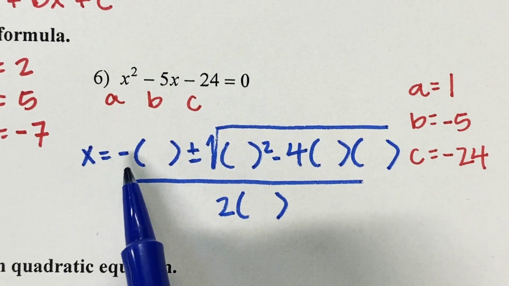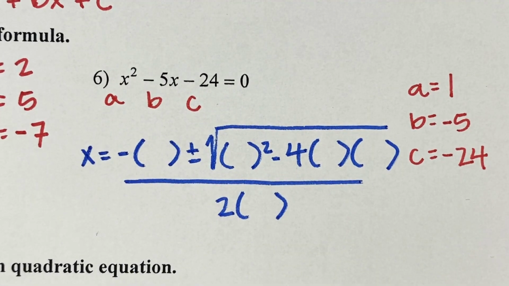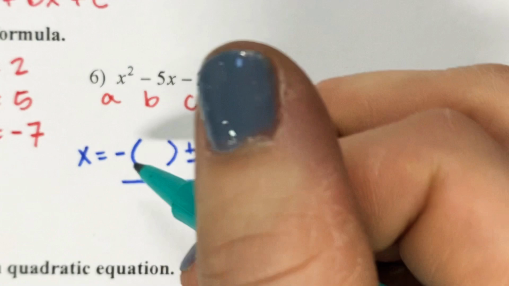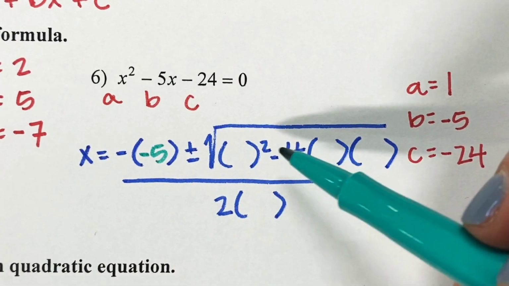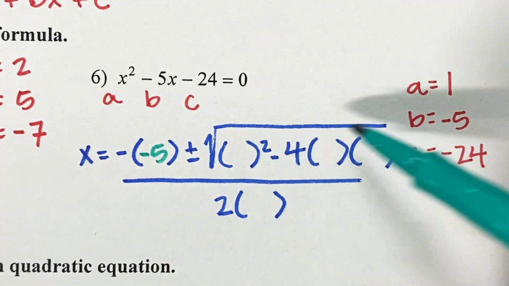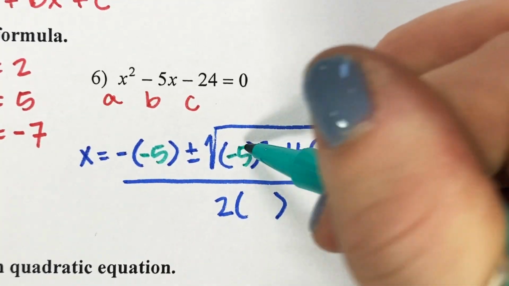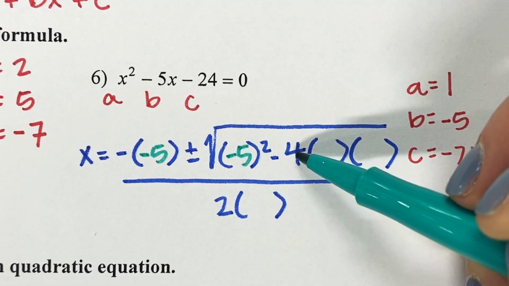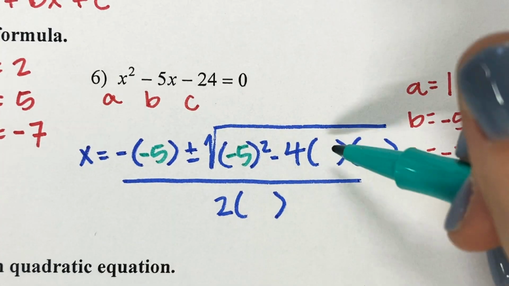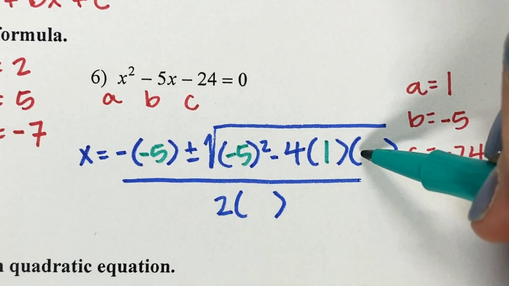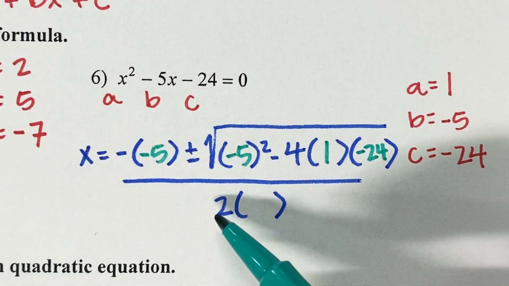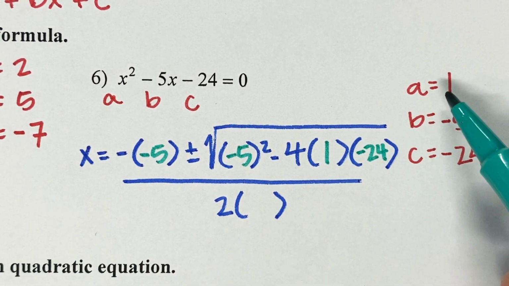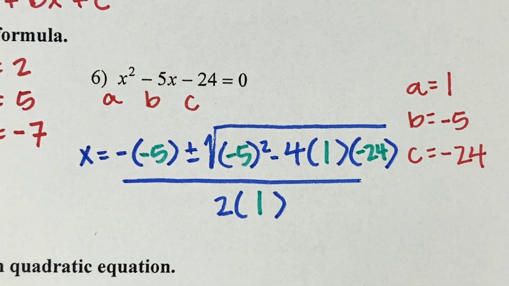So x is equal to negative b. What is my b? Negative 5. Plus or minus the square root of b squared. So what's my b again? Negative 5. Minus 4 times a, which is 1, times c, which is negative 24, all over 2 times a, and my a is 1.